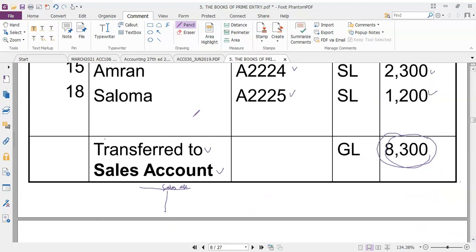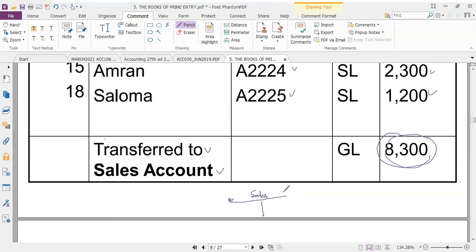Ni saya tanya ni. Revise back. Kalau sales account, ledger, sales ledger, sales account, sebelah mana yang kita nak letak 8,300? Who remember?